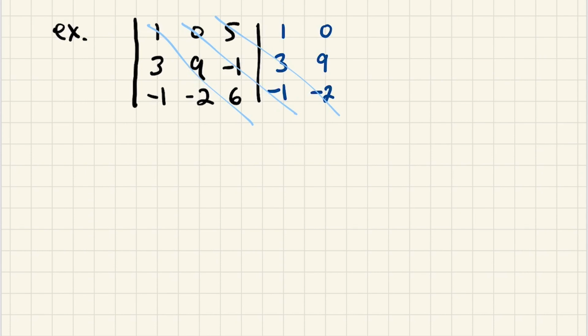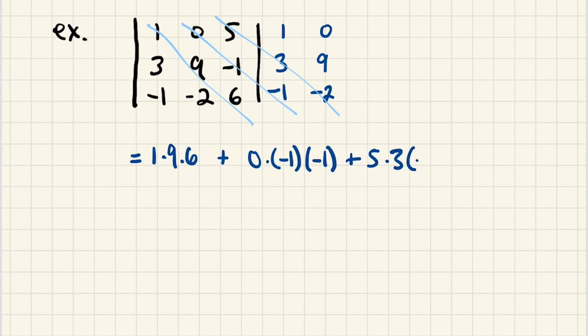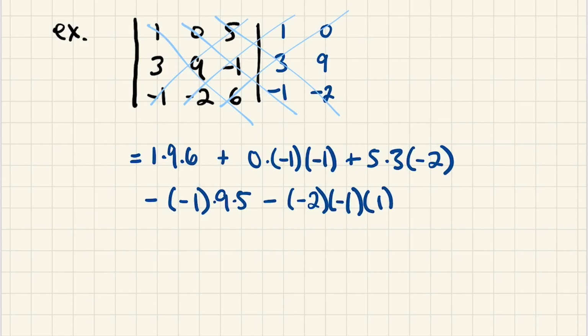So we get 1 times 9 times 6 plus 0 times -1 times -1 plus 5 times 3 times -2. And then we will subtract these three. So minus -1 times 9 times 5 minus -2 times -1 times 1 minus 6 times 3 times 0.